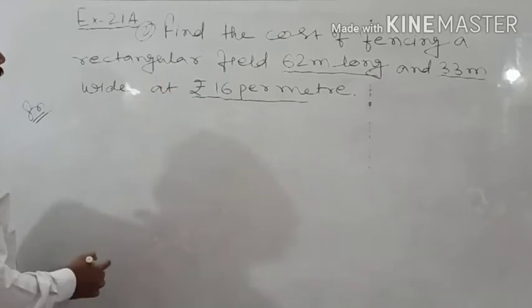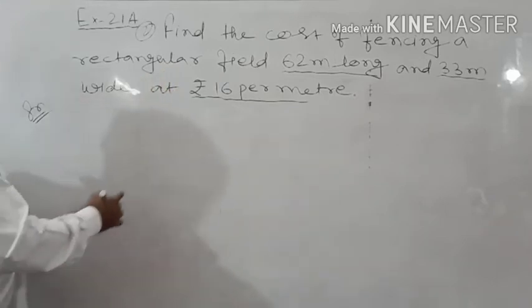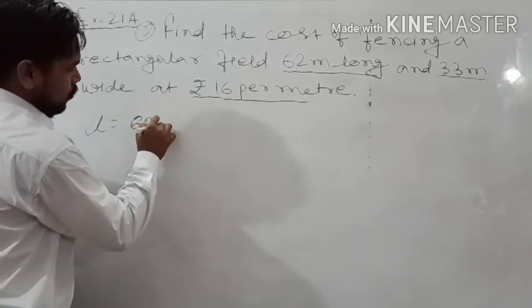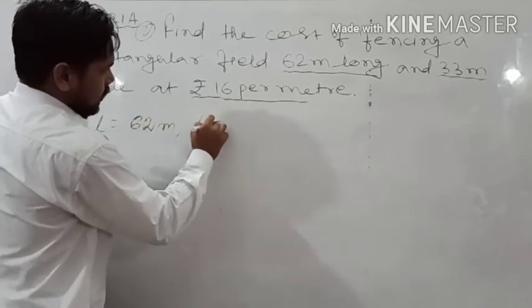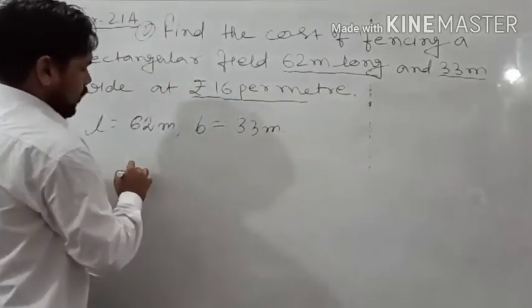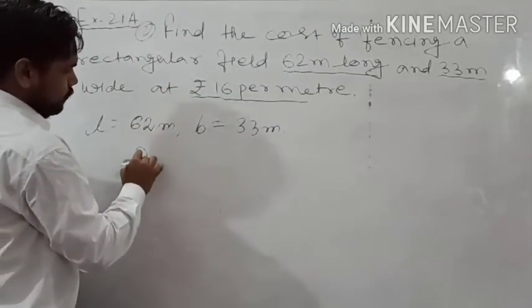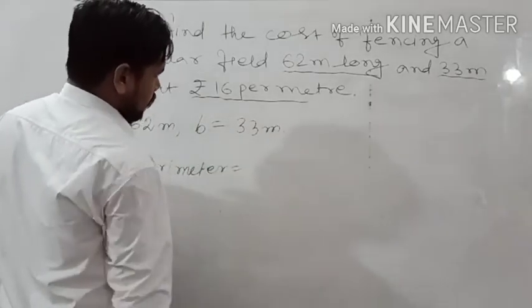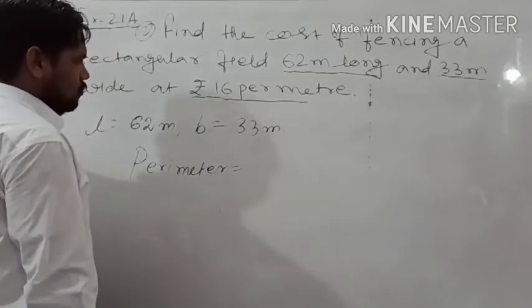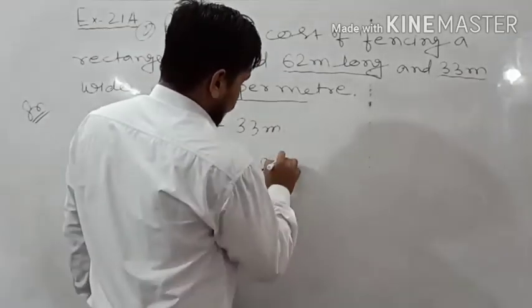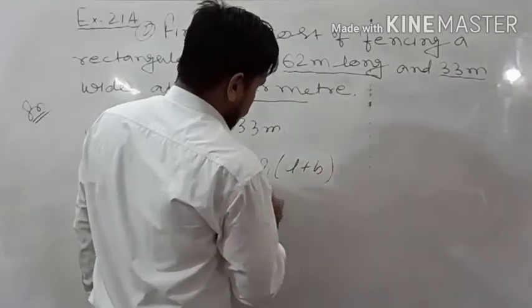Here length is given, L is 62 meter, breadth is given 33 meter. So perimeter will be 2 into length plus breadth.